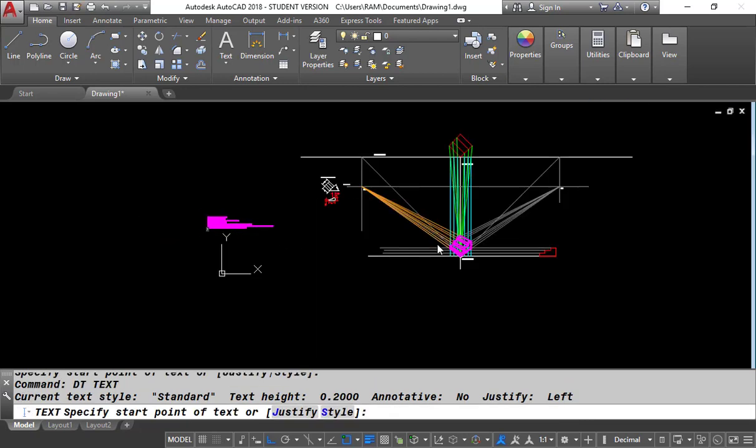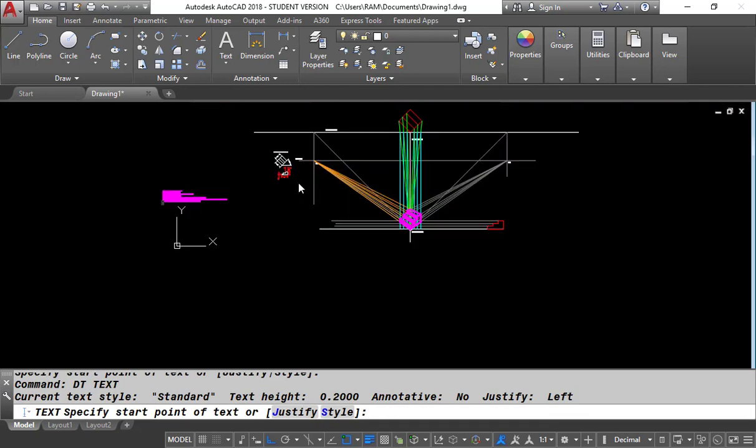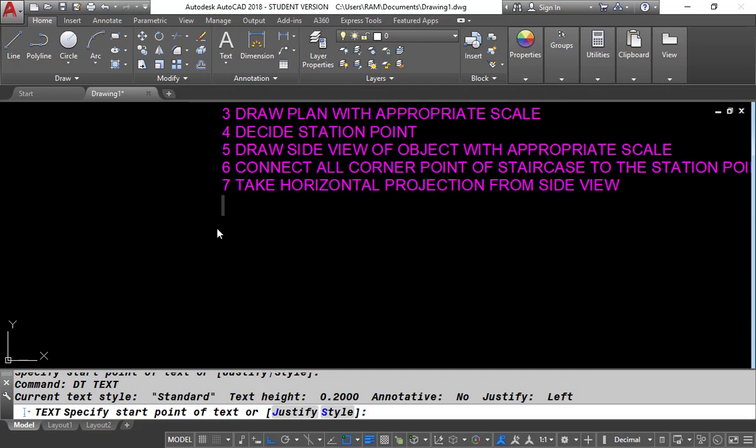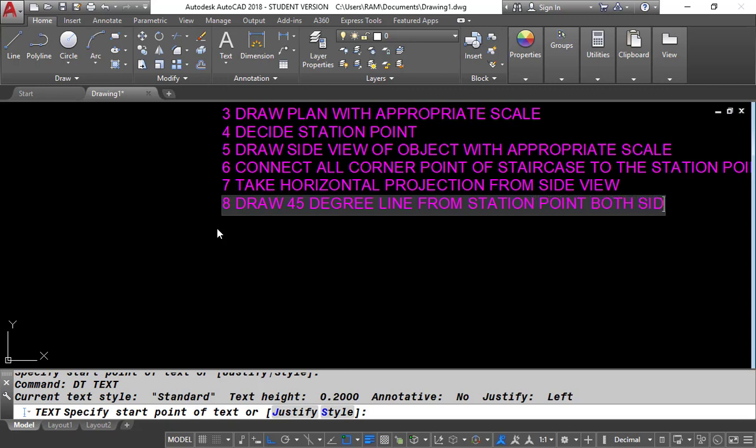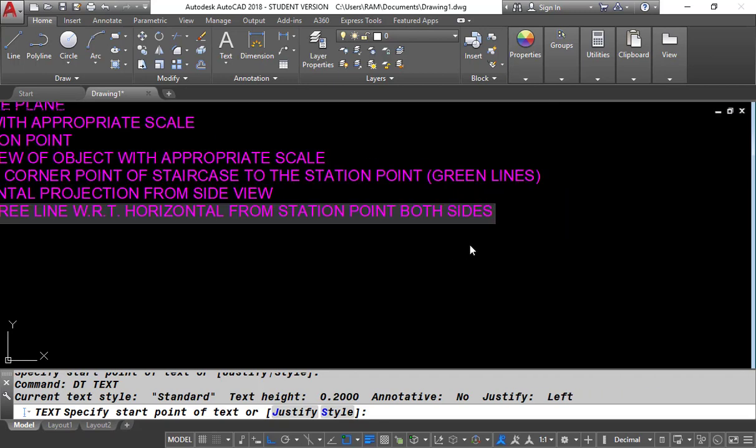Next is you have to draw a 45-degree line from the station point on both sides, with respect to horizontal, and extend it to the picture plane.